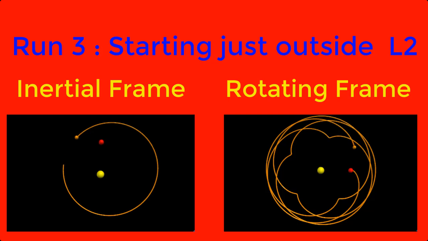So the object has passed its outermost distance from the Sun, and is now passing reasonably close to body 2 here.